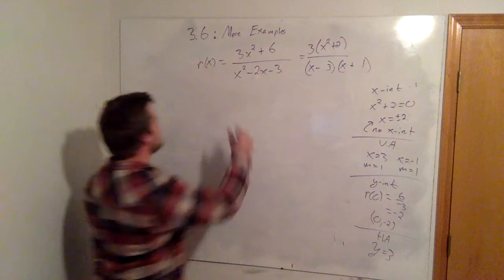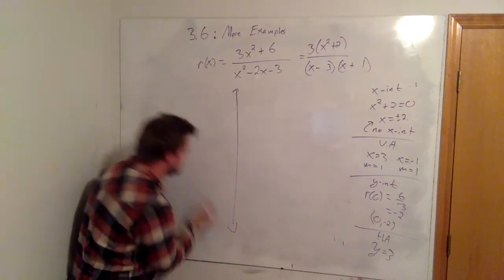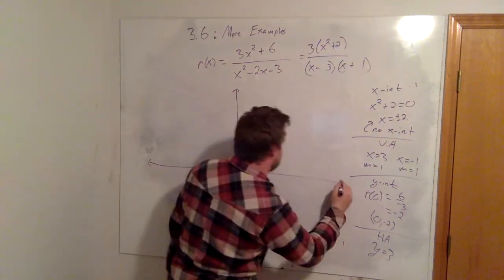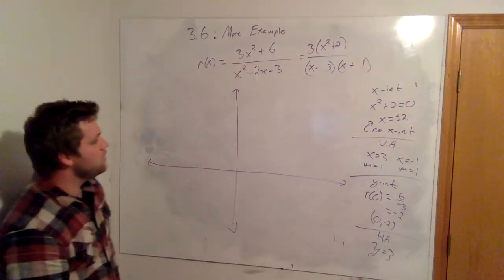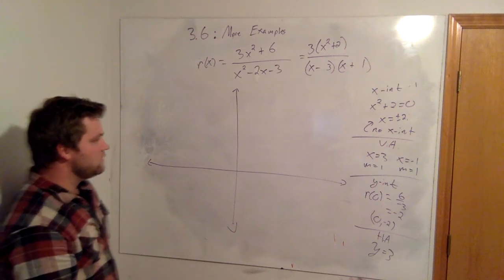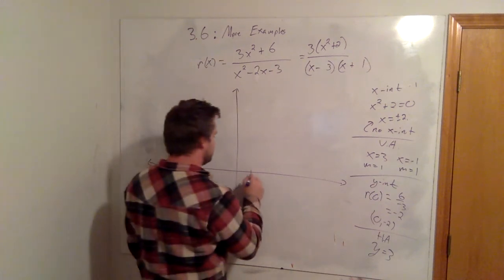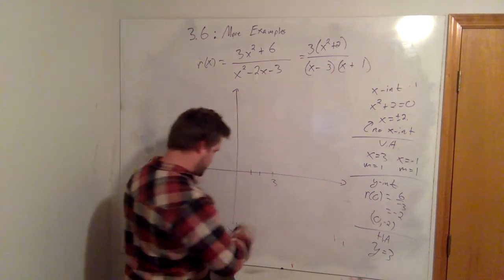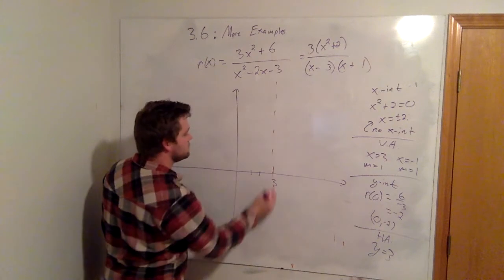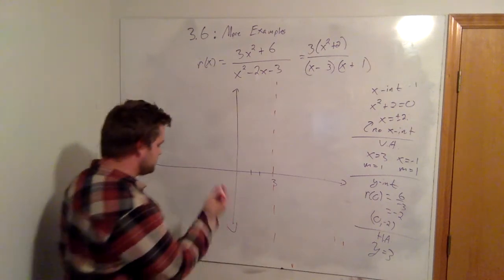Okay, let's throw this together. So no x-intercept, bummer. Okay, vertical asymptote at x equals 3. So here's 3. Okay, it looks like x equals -1.